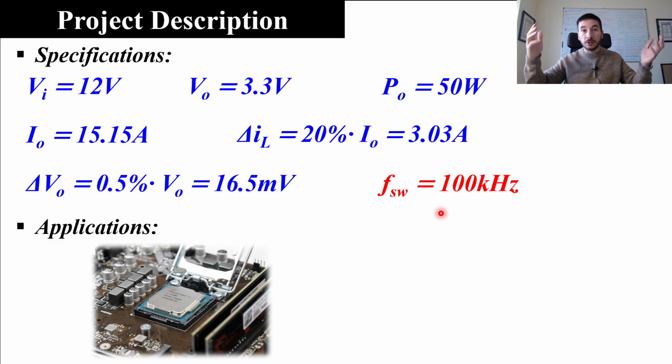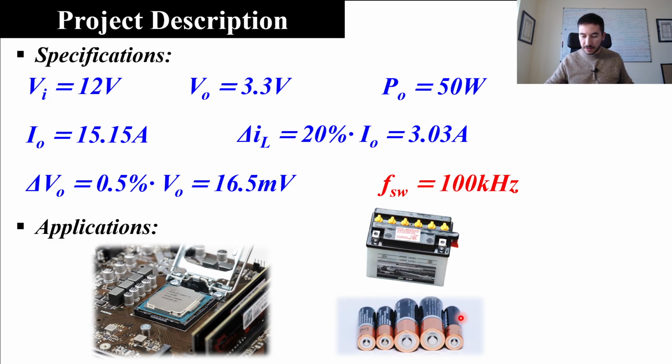Well, and I want to introduce a possible application in which we can find similar specifications to those that we are considering here, and that application is the supply of a microprocessor in which 3.3 volts is a very common supply voltage.